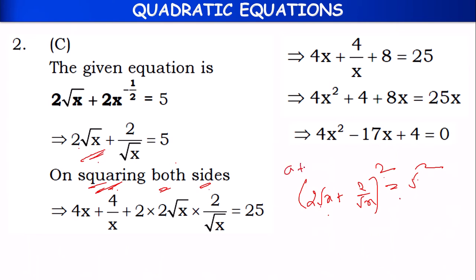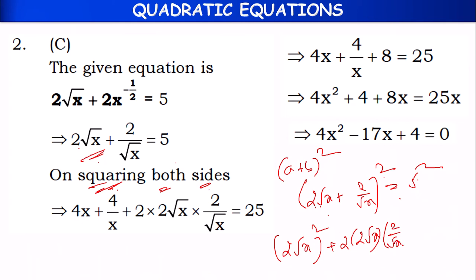It is in the form of (a plus b) whole square, where we will get a square plus 2 into a into b plus b square, equal to 5 square, which means 25. If we expand this, we get a square plus 2ab plus b square, where 2 square means 4, and square root and square get cancelled, so x will remain.